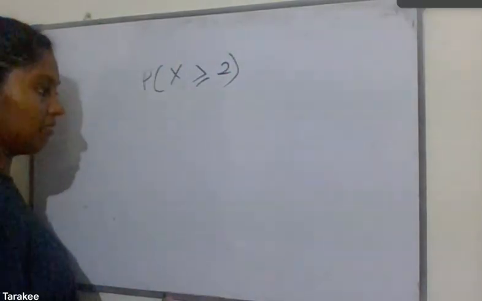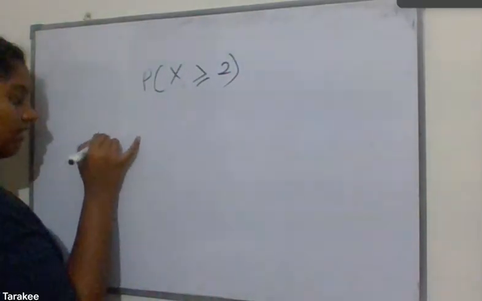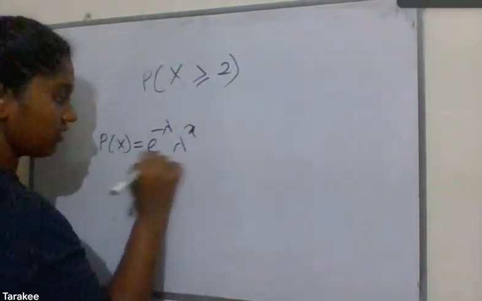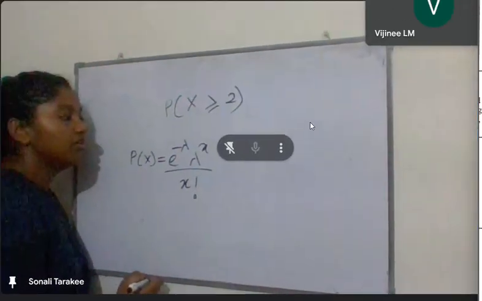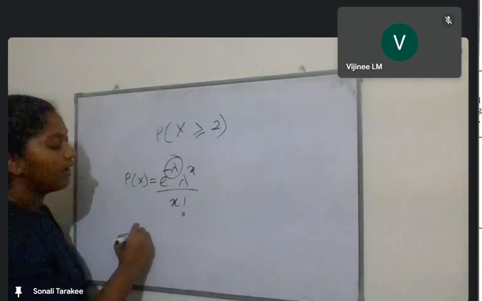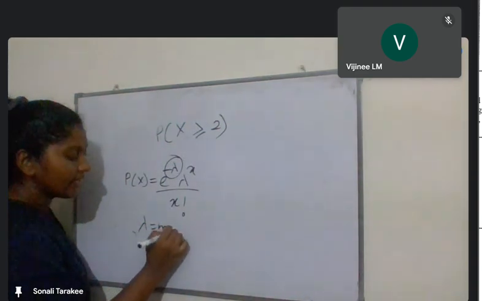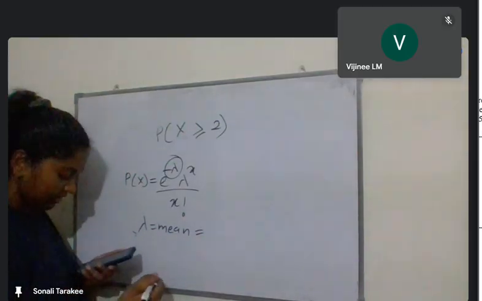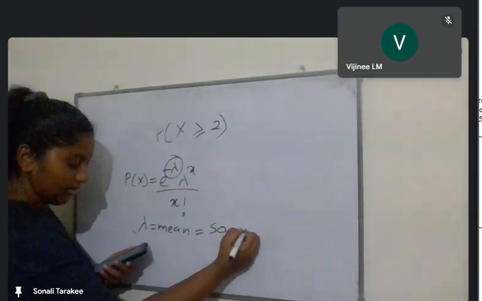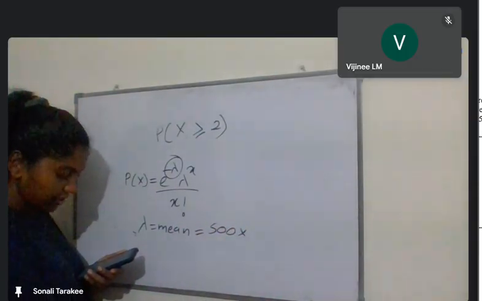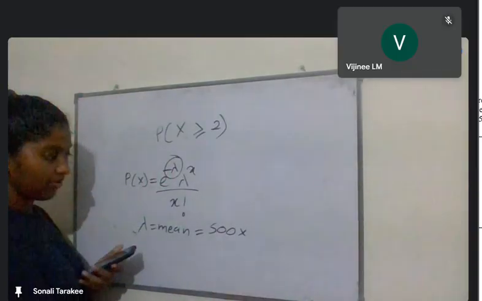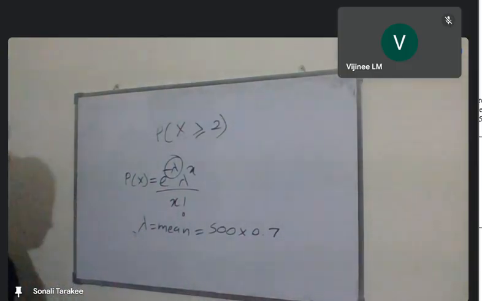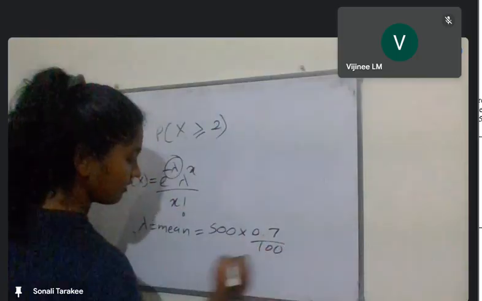Now for Poisson, what's the equation? e to the power minus lambda, lambda to the power x over x factorial. Now we have to find lambda. Lambda is the mean or the average. How can we calculate the average? There are 500 eggs in a box, and on average 0.7% are found to be broken, so this is multiplied by 0.7%.